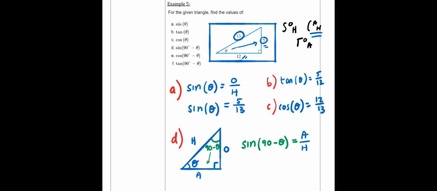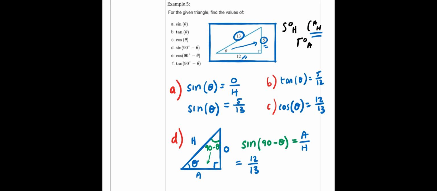So that's another little geometric proof, for lack of a better word, or a good geometric explanation for why that's the case. So in part D, when we're asked to find sine of 90 minus theta, that's really just cos theta, which is 12 over 13. So that's 12 over 13.